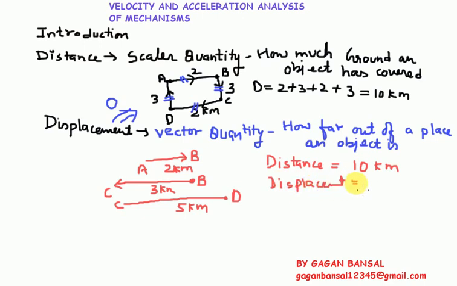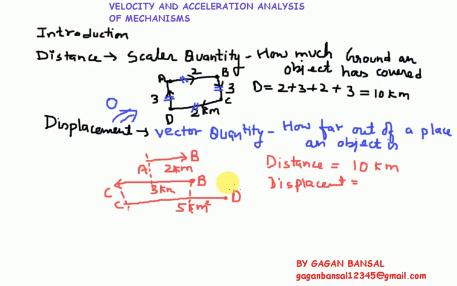And what is the displacement? From point A till B it is 2 kilometers, and from C to B it is 3 kilometers, so remaining is 2.